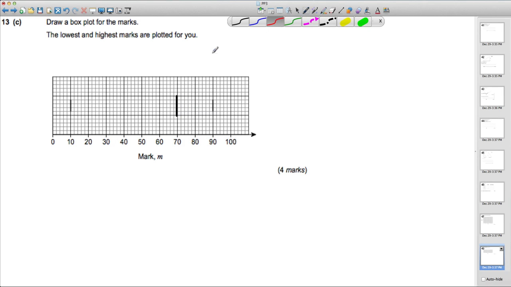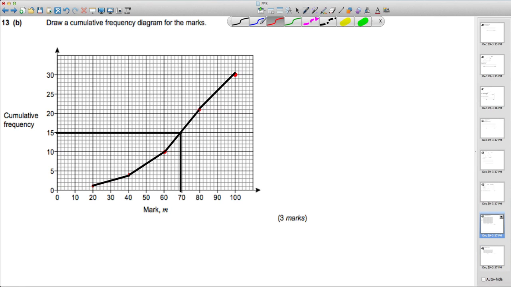That's our median, label it M. Now the lower quartile happens at the quarter way along, and a quarter of 30 is 7.5, so it happens at about 7.5, about here. And the answer here seems to be about 52.